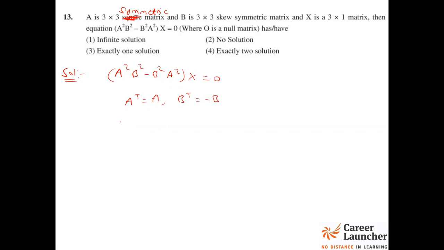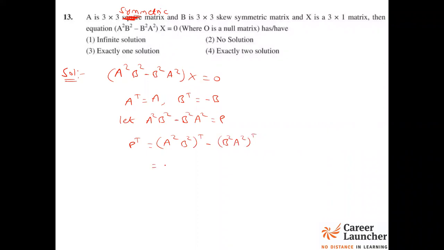Now let us consider A square B square minus B square A square is equal to P. Now what will be P transpose? If you find P transpose, it will become A square B square whole transpose minus B square A square whole transpose.